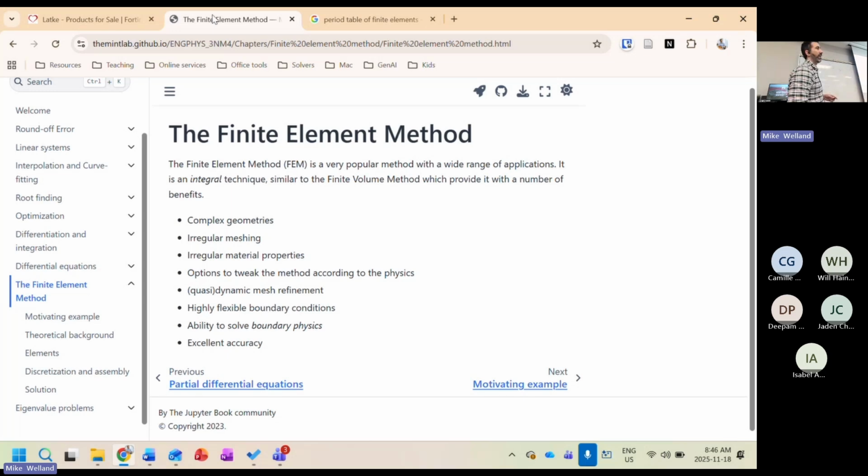ANSYS is also FEM. Everything that ANSYS does falls under FEM, with a few exceptions. I think technically LS-DYNA is also part of that, and that's explicit finite difference or something like that. But yes, this is something that ANSYS would do. Say you have some kind of curve on your car, and you're looking at the fluid flow, and it's going to do one of these.